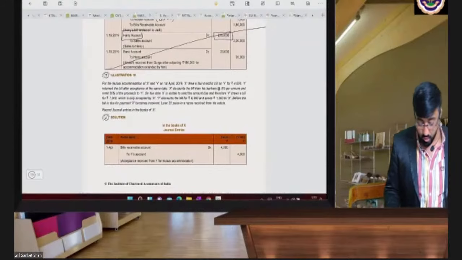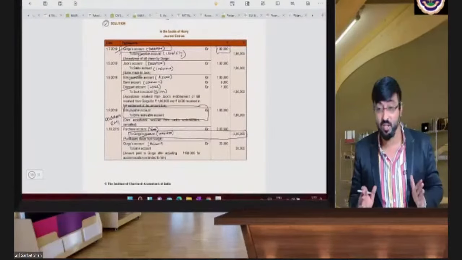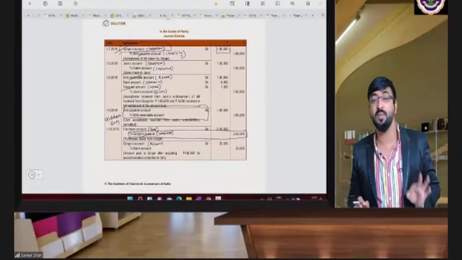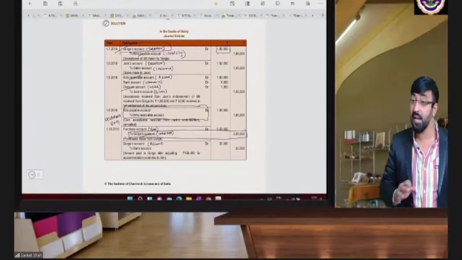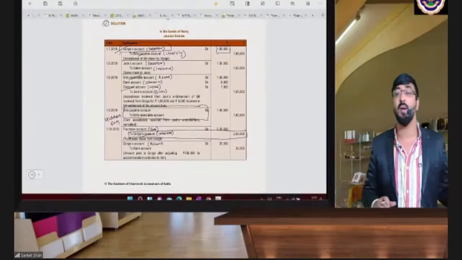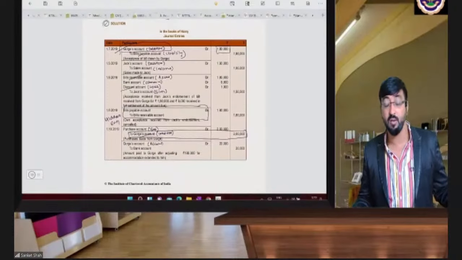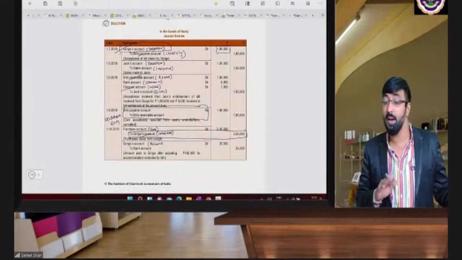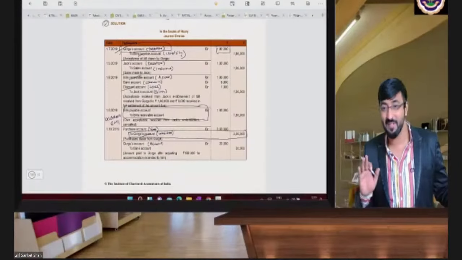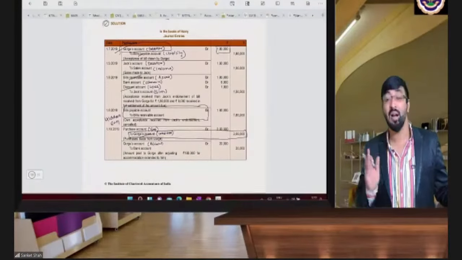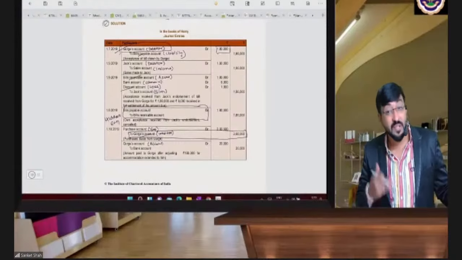I hope you do not have any confusion now, and you have finished a much more difficult part of this chapter. I will say this is the most difficult part of this chapter, the accommodation bill. Are you finding it difficult? Yes, you may find it difficult, but beta, we do not have any other option. This is a CA course, so we have to understand all the difficult questions also.